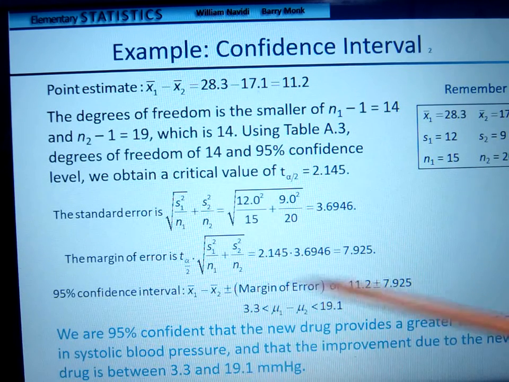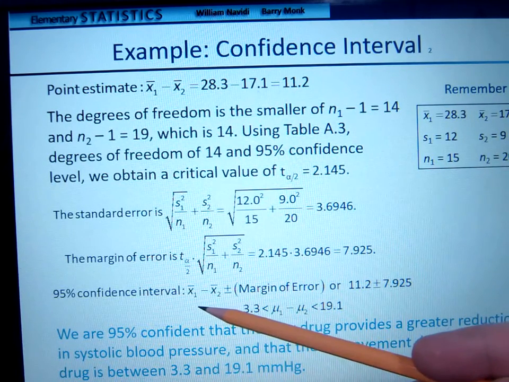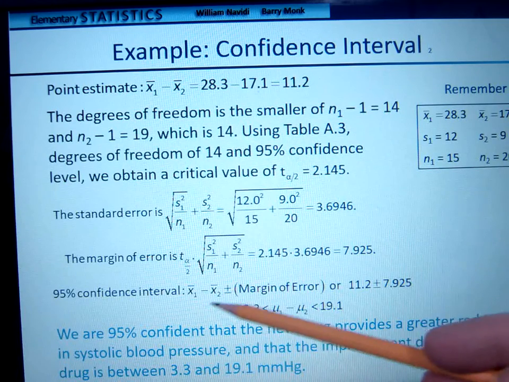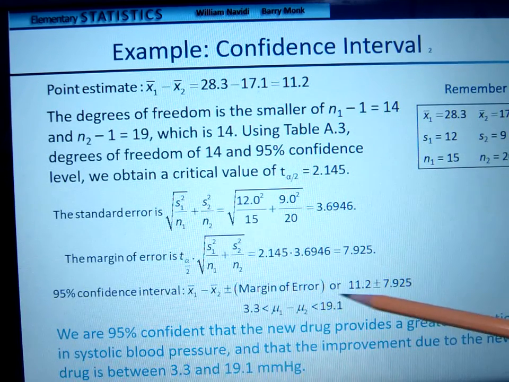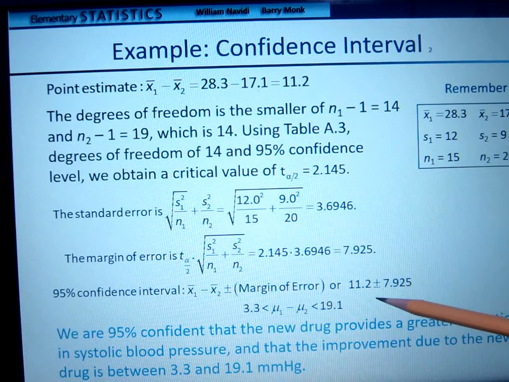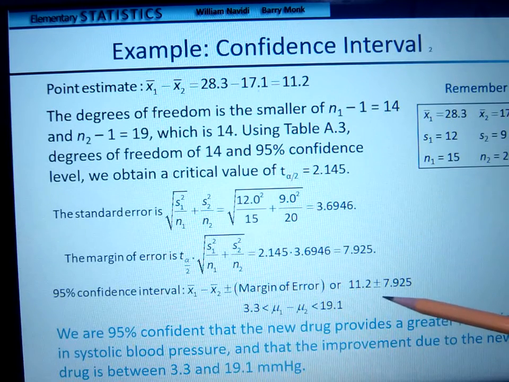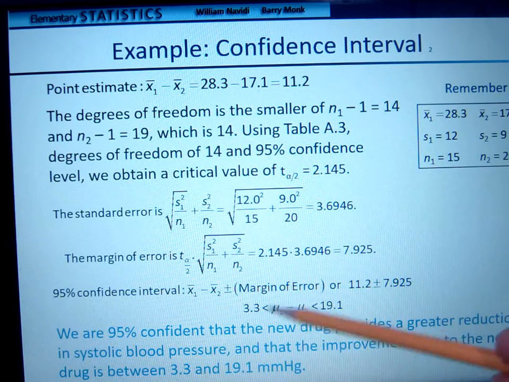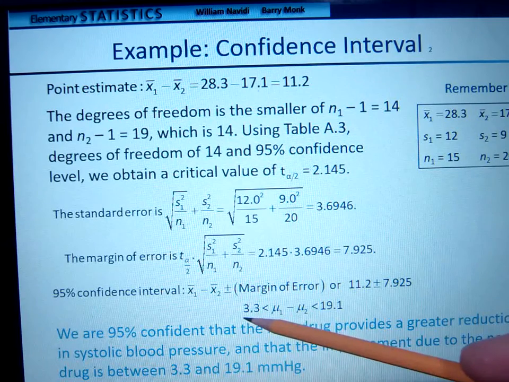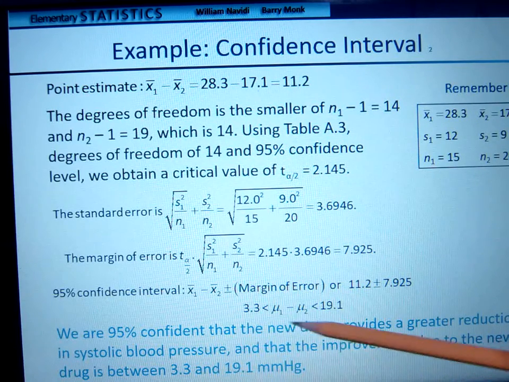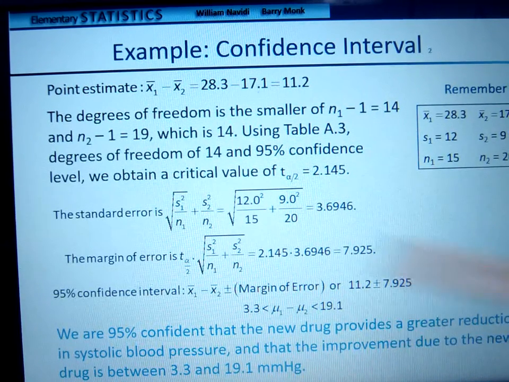7.925. And my 95% confidence interval will be the difference between the means plus or minus the margin of error. So it's going to be 11.2 plus or minus 7.925. So my range for the difference of my means is going to be from 3.3 to 19.1.